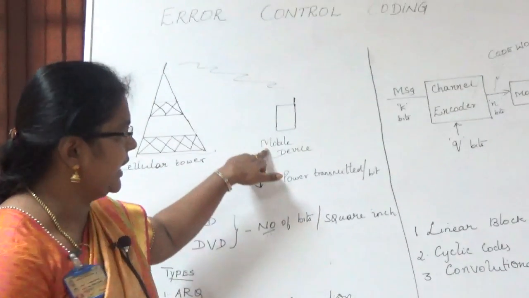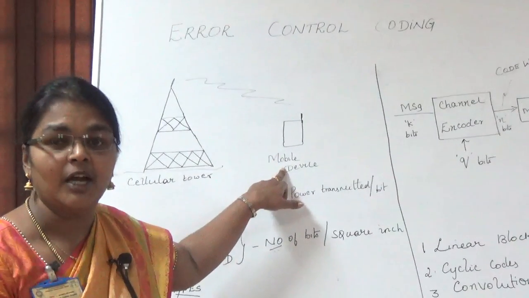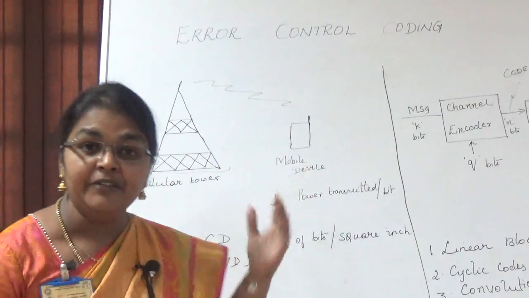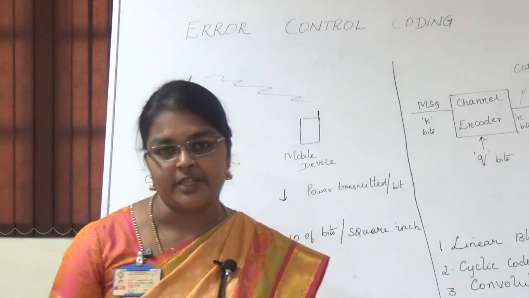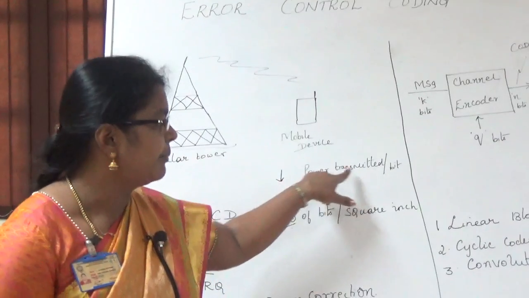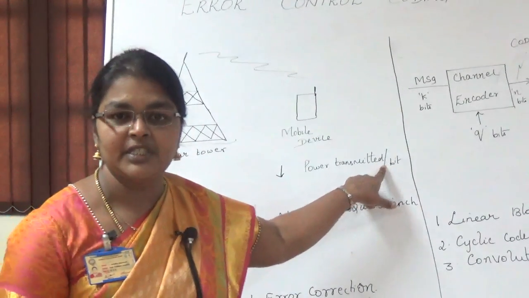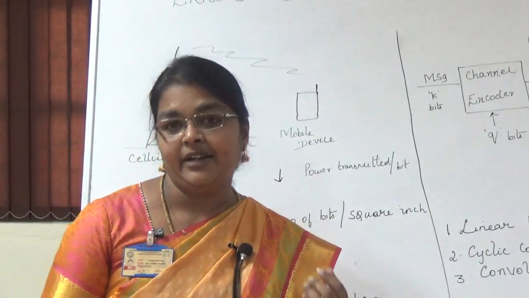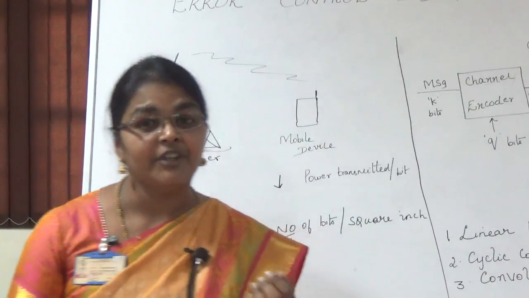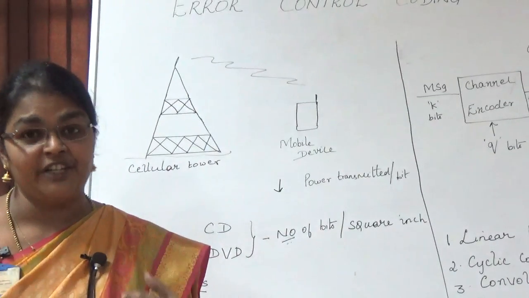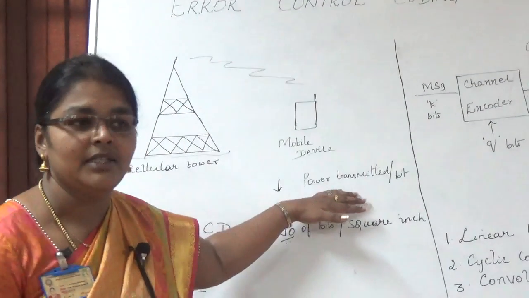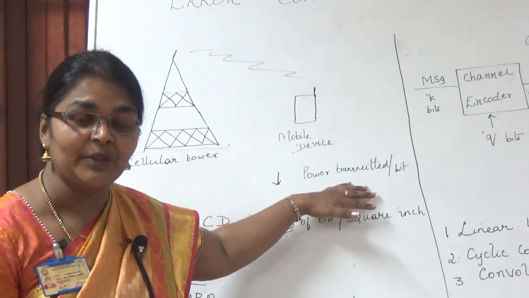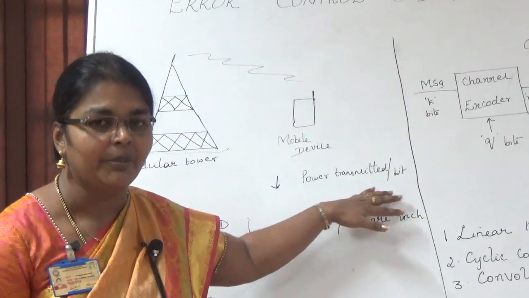So why should we minimize the power transmitted per bit? Here we can see the receiver is a mobile device, and we know very well the mobile device is a battery operated device. If the power transmitted per bit is very high, the battery will be drained every 5 minutes, and we need to recharge the battery very often. So our prime concern is to reduce the power transmitted per bit.